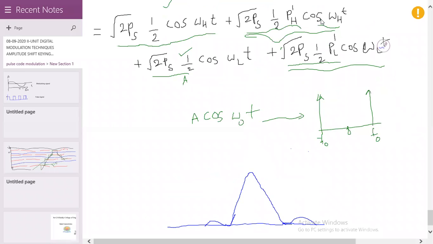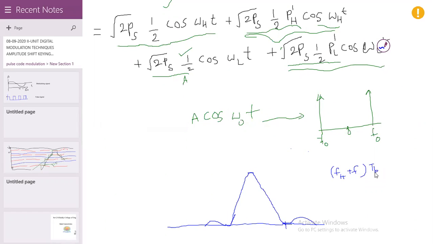This is bipolar, so we have to follow the same procedure as in BFSK. That is also a bipolar signal. So here we will get some amplitude for this one, and the frequency components we can indicate: FH, center frequency plus F, into TB.